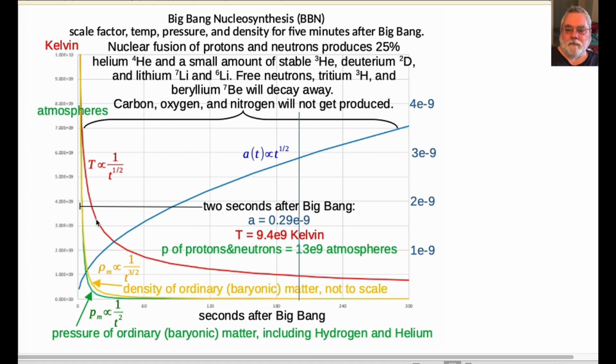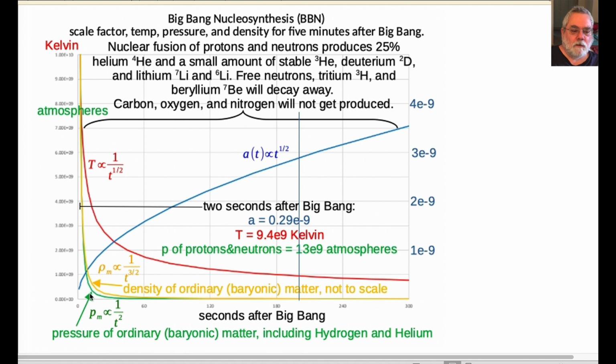2 seconds after the Big Bang, the pressure of the kinetic energy of ordinary matter was about 13 billion atmospheres, about 20 times less than at the core of the Sun. But the radiation pressure was much higher. The pressure of ordinary matter fell rapidly.